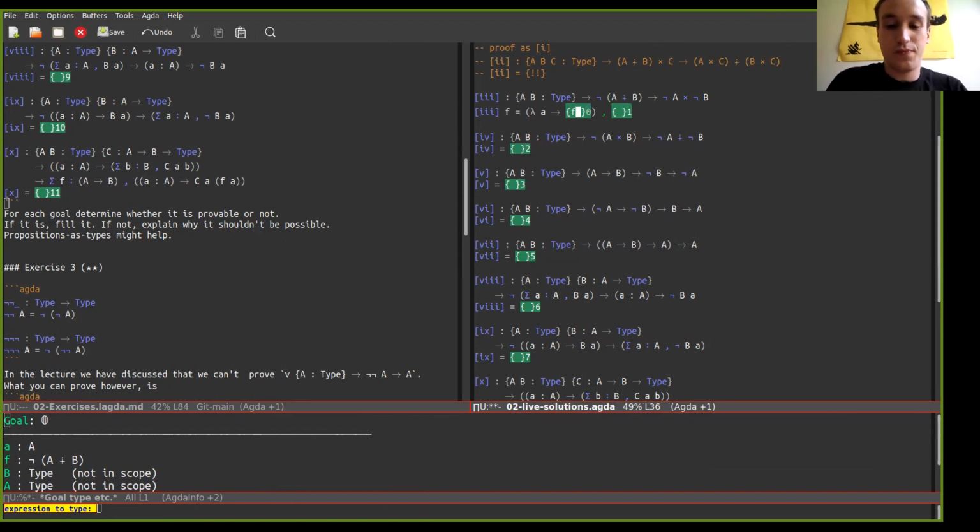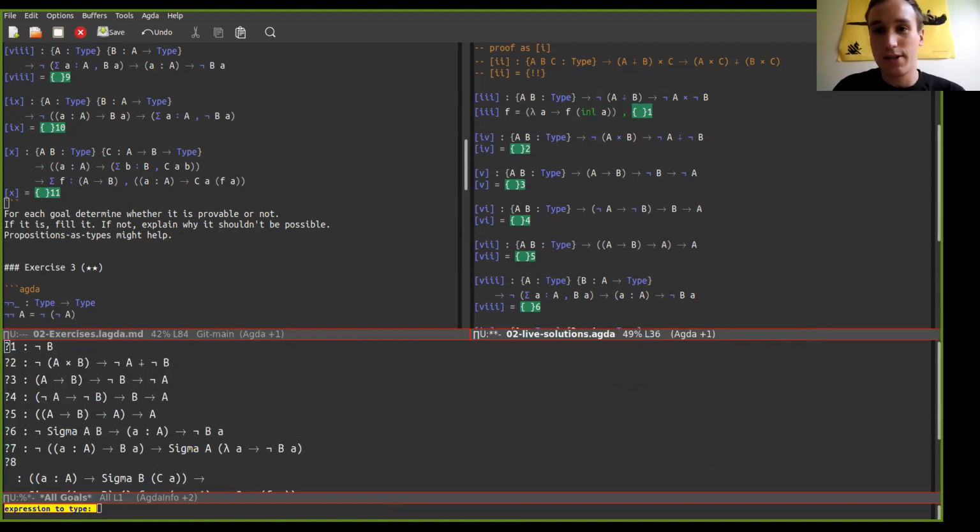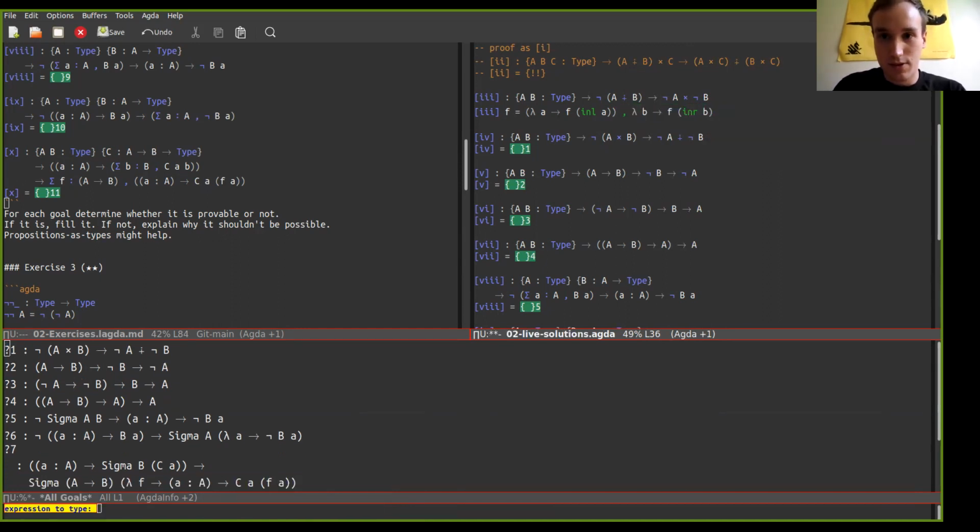But this is not really a problem because we have our constructor in left that we can apply to A, and the right hand side works analogously. The in right. Okay.